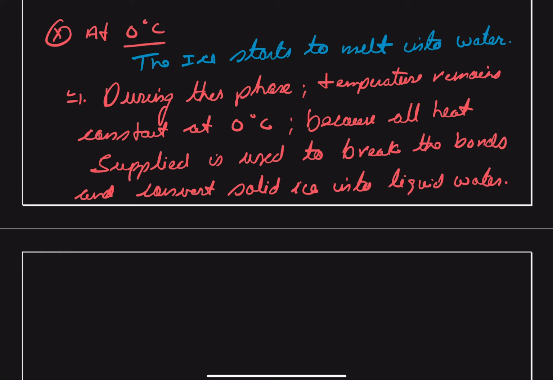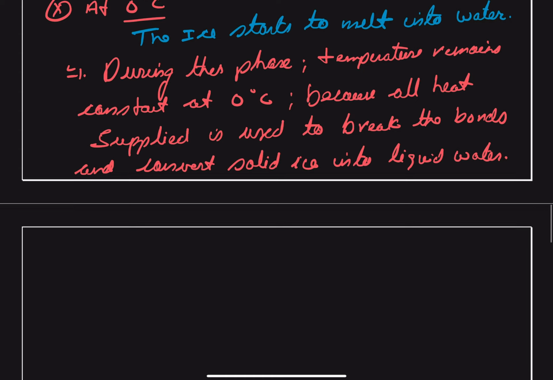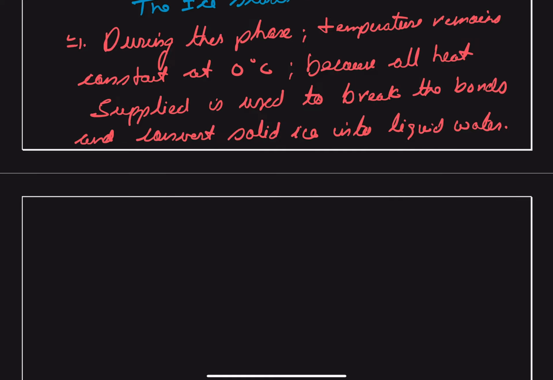And in this case, the heat required is given as Q is equal to M multiplied by LF, where LF is our latent heat of fusion.